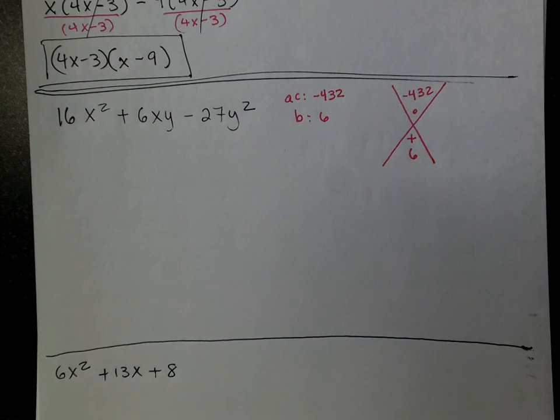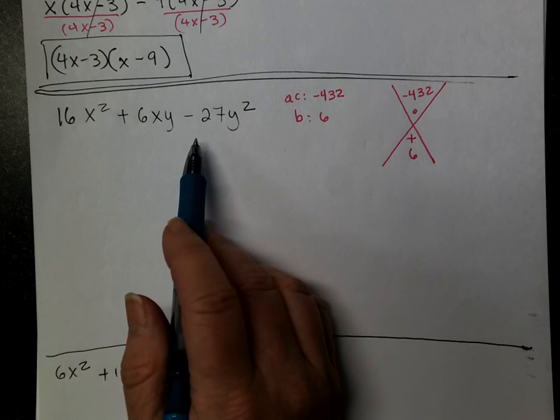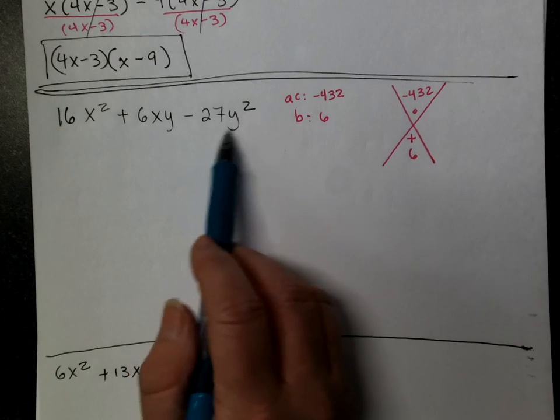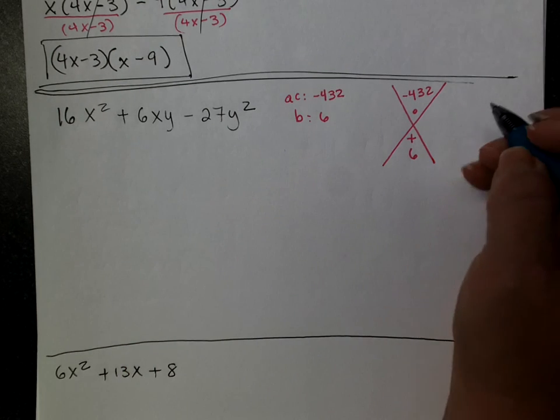It helps you check as you go. 2 pluses, 2 minuses, or a mix. With a negative 27y squared on the end. 2 pluses, 2 minuses, or a mix.